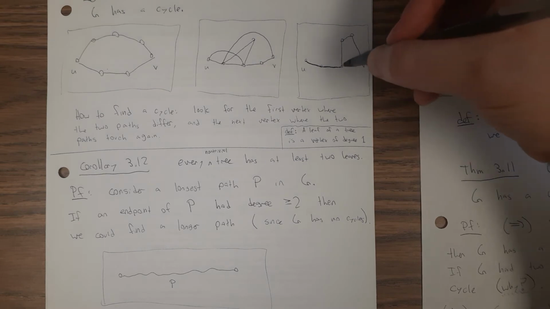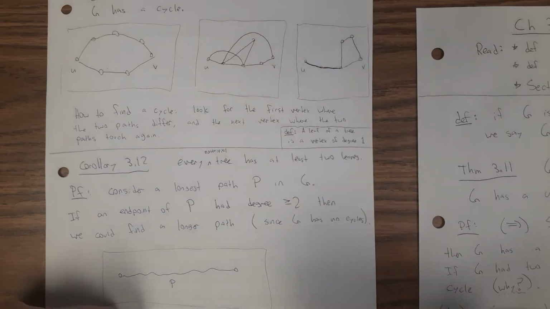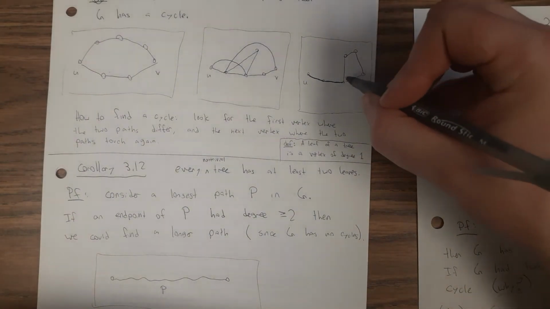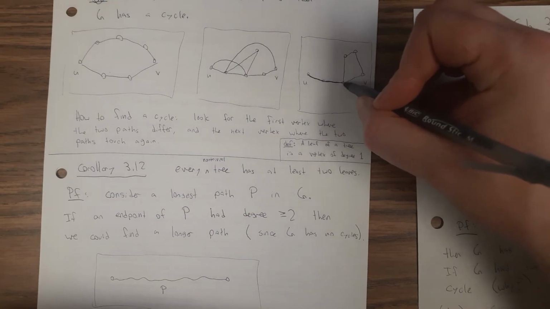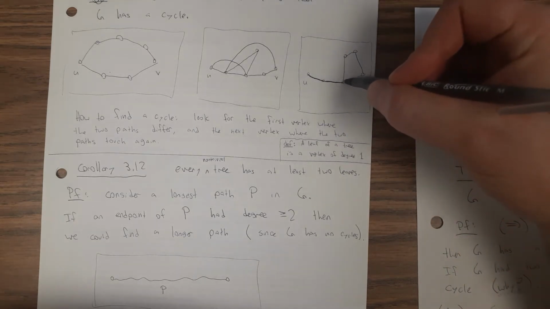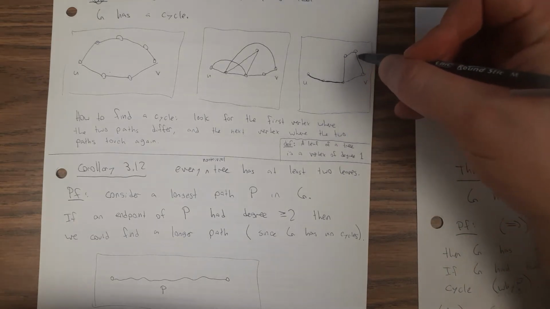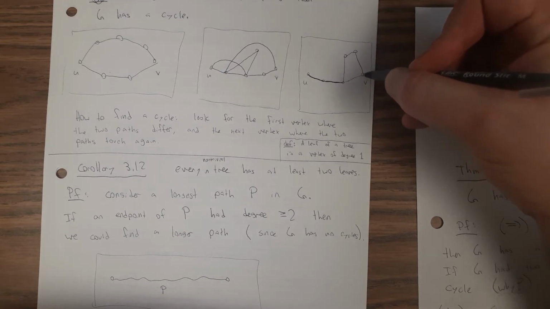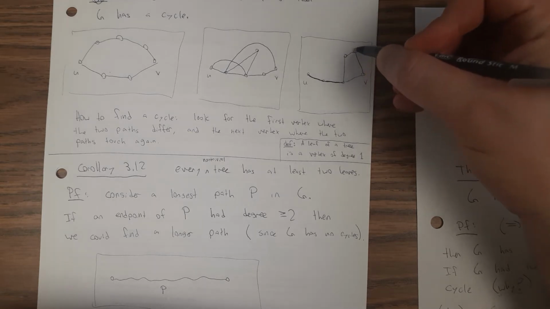And if I just look at, say here, which is right before the second path went off of the first path, I trace this until they meet again, then there's my cycle.